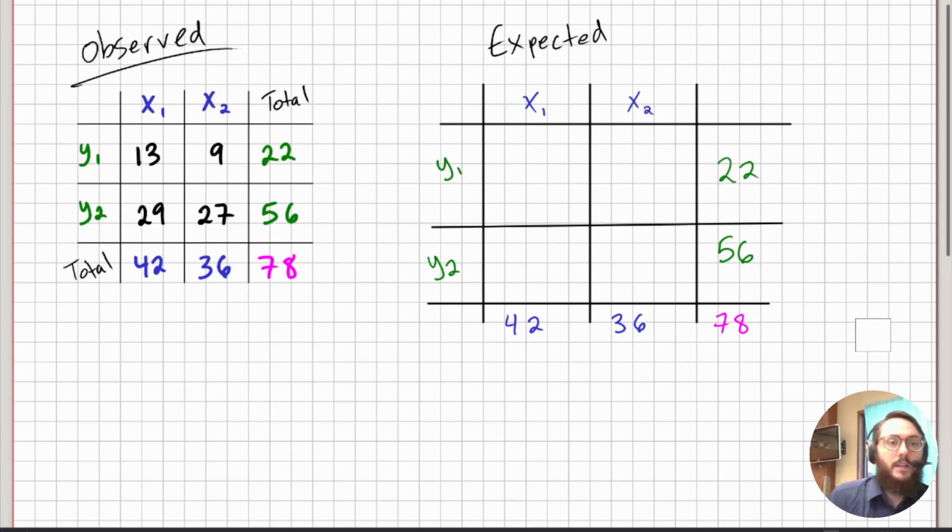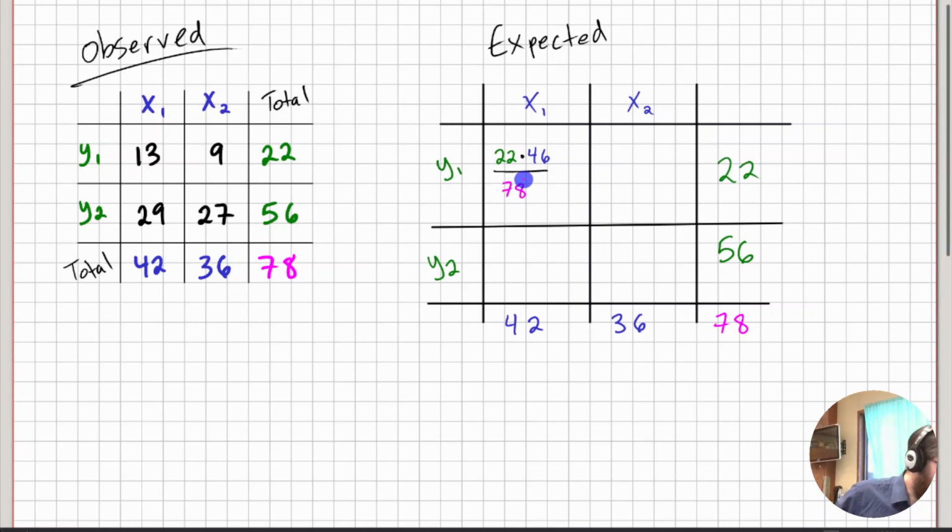Now, you might remember from our probability unit, if two events are independent, then their joint probability is just the probability of each one multiplied together. There's a lot of little subtle math to it, but ultimately what that means for us is that for each of our expected values here, our expected frequencies, we take the row total, multiply by the column total, and divide by the grand total.